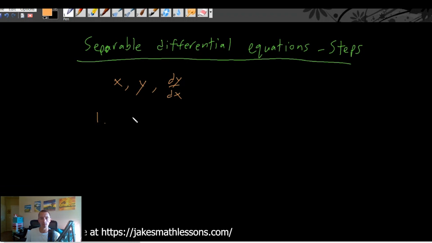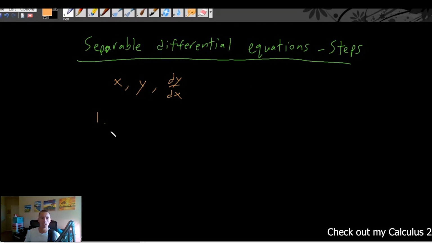What you should be able to do is either divide or multiply anything from the left-hand side of your equation to the right-hand side, or vice versa, in order to get it into one of these two forms.